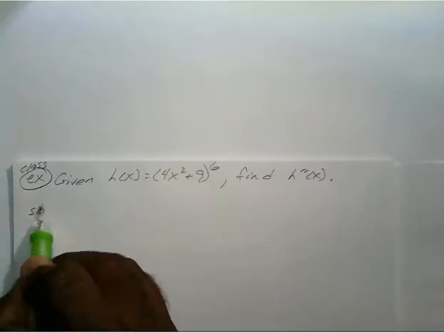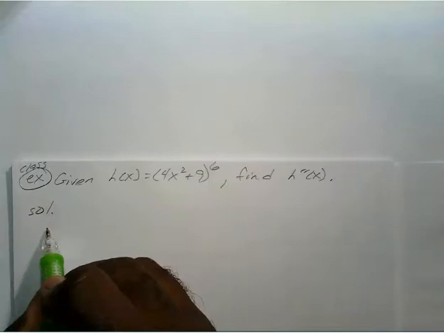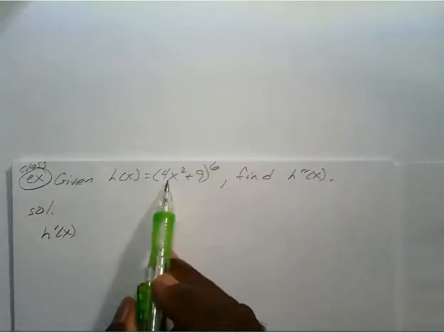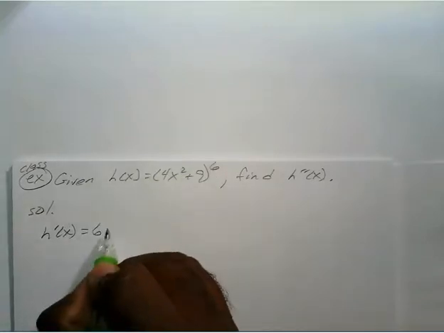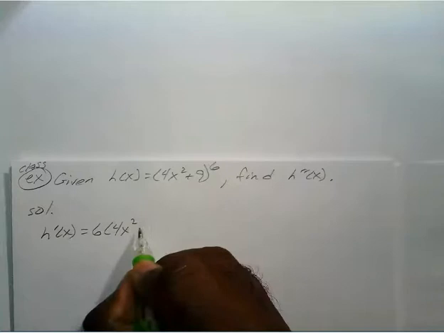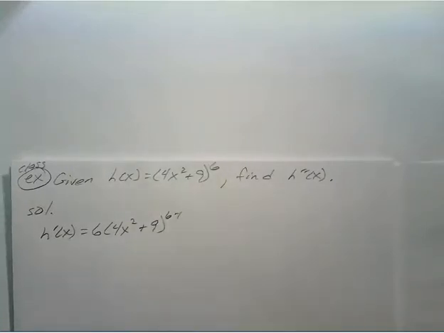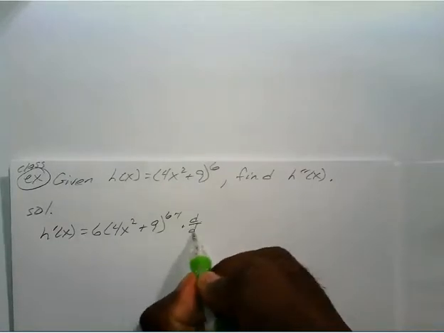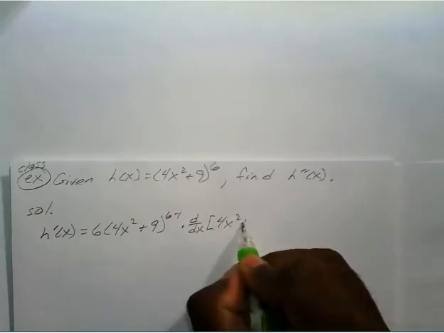Alright, so I'm assuming you've pressed pause and you've already worked this one out. So let's go ahead and verify your answer. Okay, so first we find our first derivative. We take the derivative of the whole thing, so we bring down our 6. 6 times (4x squared plus 9), and we subtract 1, the 6 minus 1 power, times the derivative of what's inside, 4x squared plus 9.